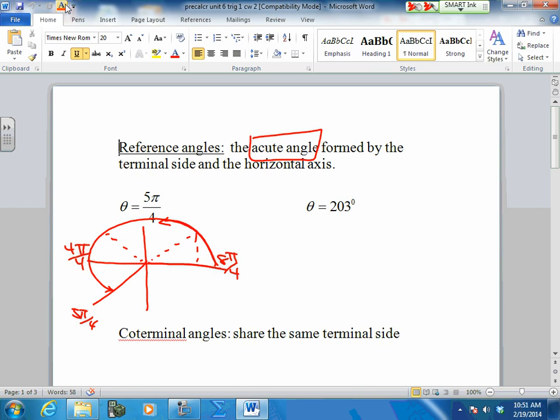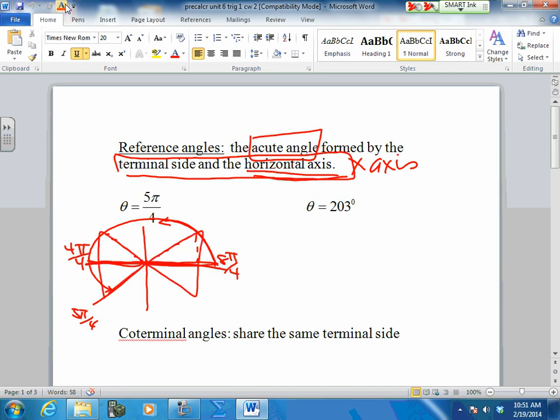The fastest way to do this, because your reference angles are formed between your terminal side and your x-axis, it's got to be along here. It's going to give me a bow tie. It's got to be one of those. Picture me wearing a big red bow tie. Don't turn my bow tie this way, or I can't put my head down.